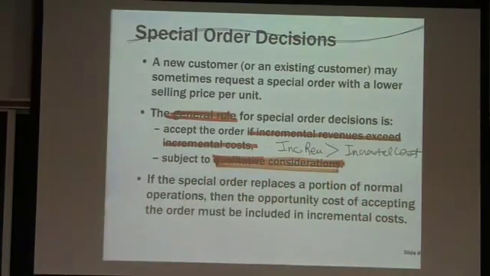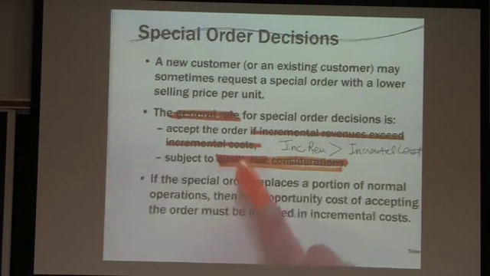Okay? So let's say we currently sell a product, T-shirts, for $10 to our buyers. And someone comes to us and asks us to make a T-shirt for a special event, and they are only willing to pay $7 for the T-shirt. Well, perhaps it makes sense to accept the special order because we calculate quantitatively that the incremental revenue is greater than the incremental cost.